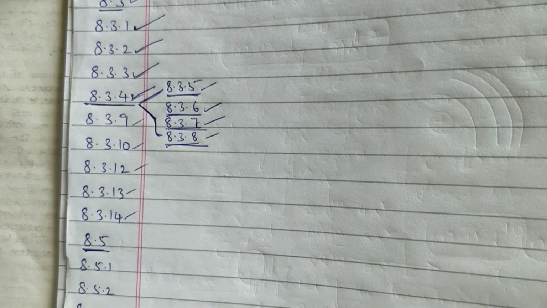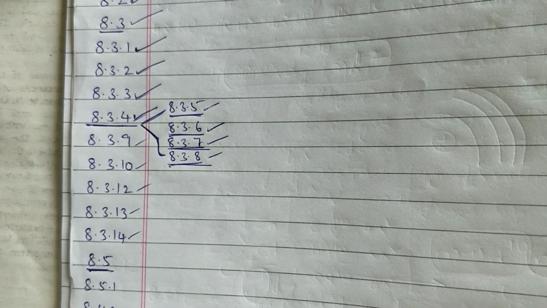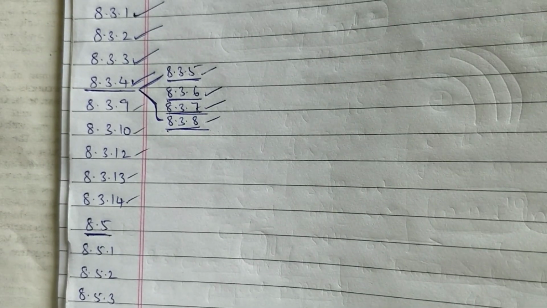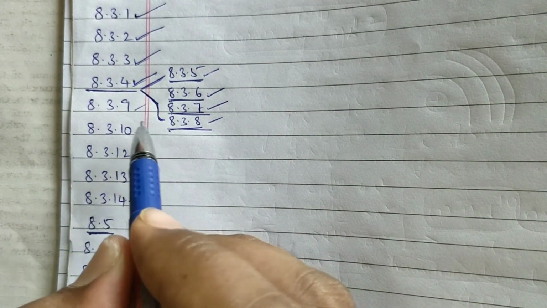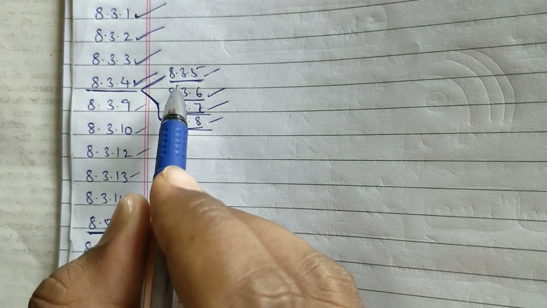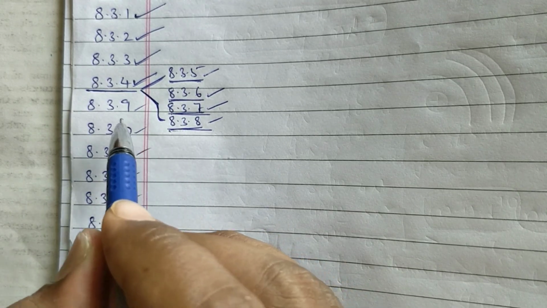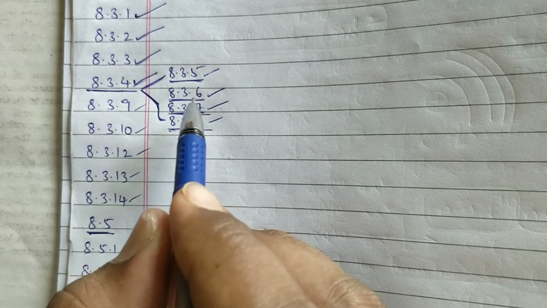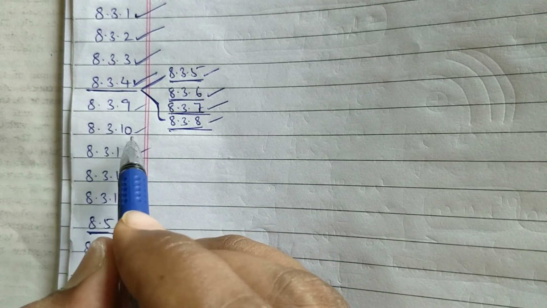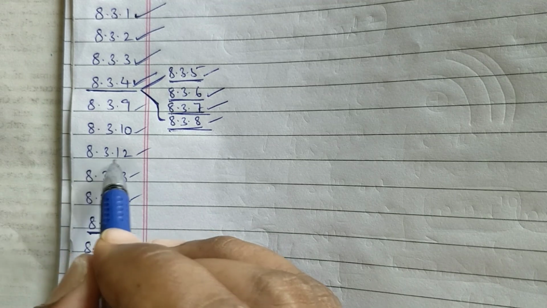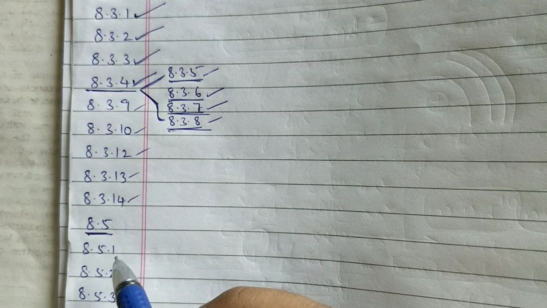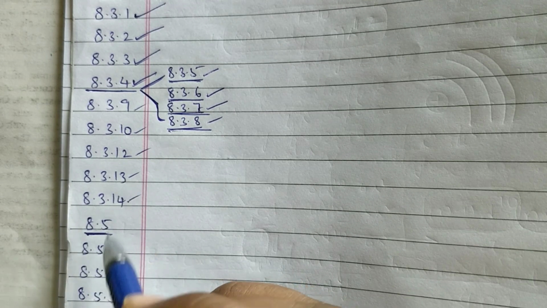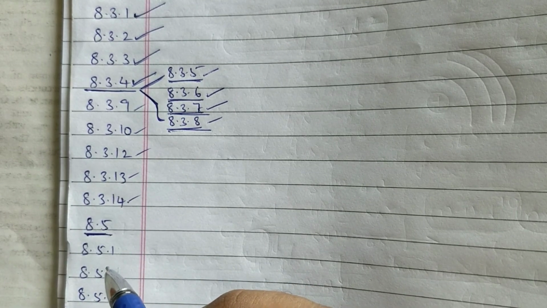Please make a note, there is a small correction. These explanations up to 8.3.8, that is 8.3.5 to 8.3.8, we will complete in one class. 8.3.9, 8.3.10, 8.3.12, up to this, one class. The remaining 13, 14 and so on will be completed in one class. So hardly we require 3 more classes to complete this portion.